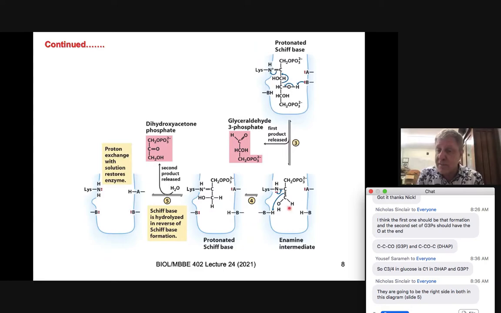We still have the remnants of the individual substrate still being there, being worked on by the various amino acids in that enzyme cleft. And finally, we get hydrolysis, which will allow us utilization of molecular water, again, how molecular water plays a reactive species within this particular system, which will then cause the release finally of the dihydroxyacetone phosphate.